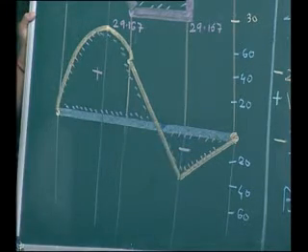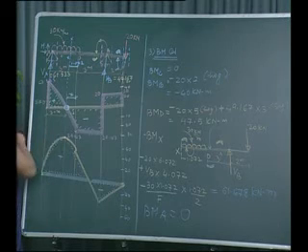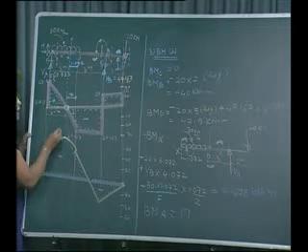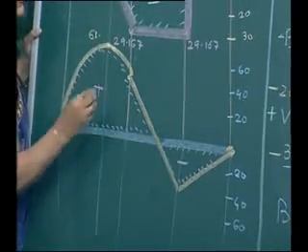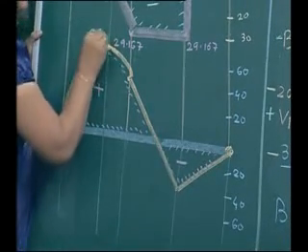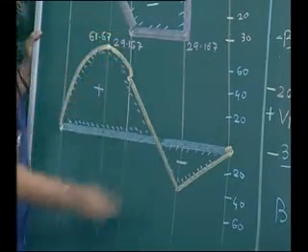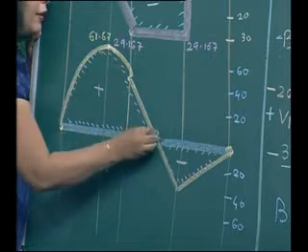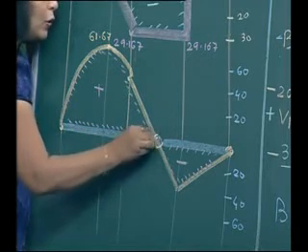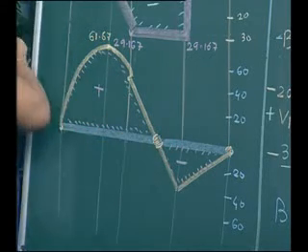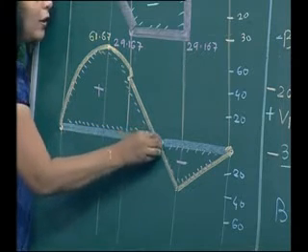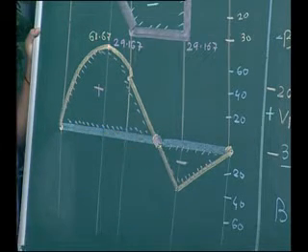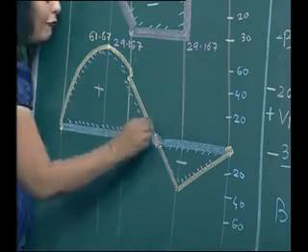What is observed over here? We can see that at one particular point the bending moment value is 0. Which is the point where the bending moment value is 0? This. So the point where the bending moment value is 0, that point is called as point of contraflexure.